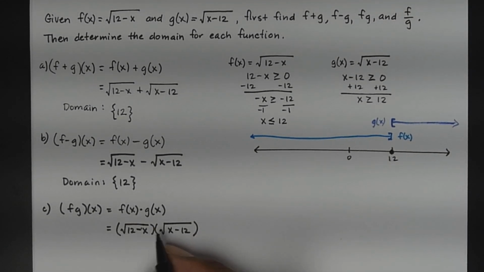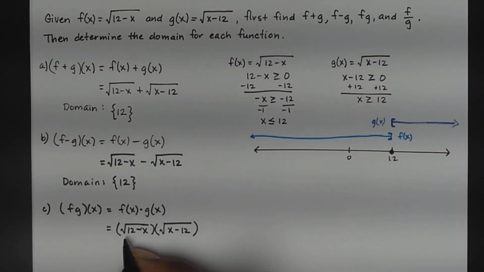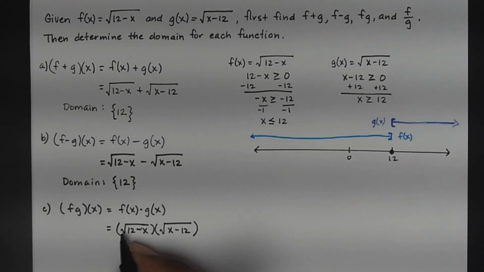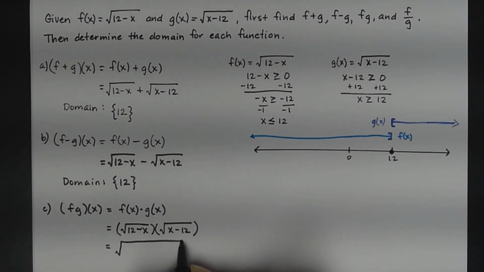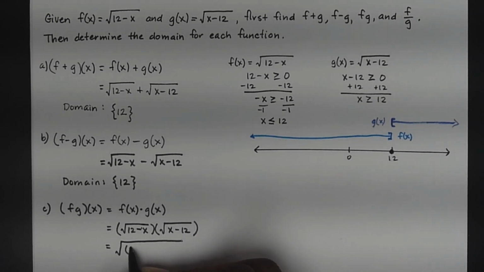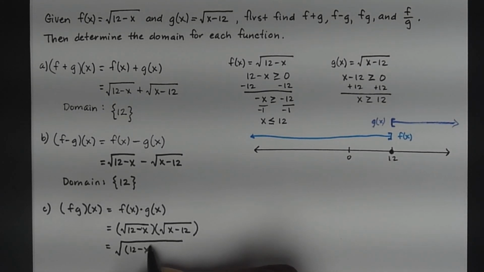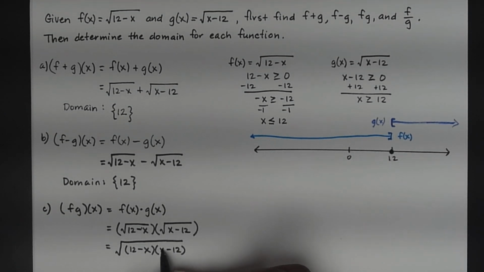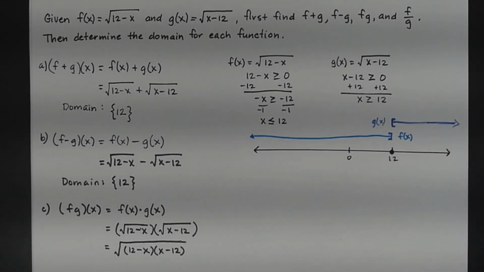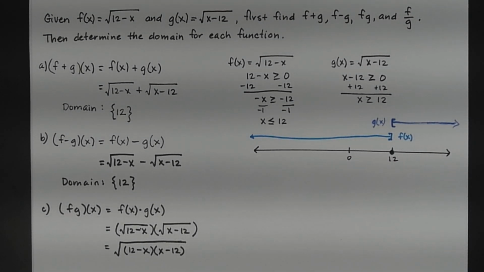Now notice I can multiply two radicals that have the same index. This is square root and that's also square root. So that means I can put all of this under one square root as the square root of 12 minus x times x minus 12. And I will go no further than that. I will not go ahead and simplify that.